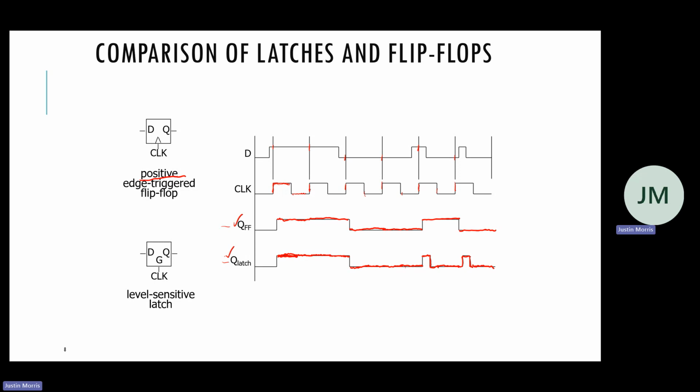For the latch, as long as the clock is 1, you'll get D. When the clock is 1, the output just becomes what D is. And then when the clock changes to 0, that's when we latch onto the last output and keep it until clock is 1 again. So that's why it's called a D-latch.